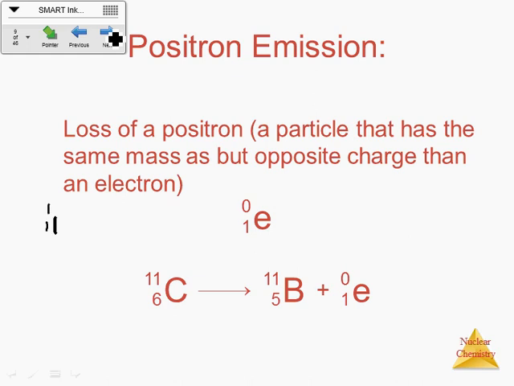You have a proton being changed into a neutron, which causes the atomic number to go down by 1. So this carbon changes into boron, going from a 6 to a 5. And then the nucleus spits out a positron as that transformation occurs.